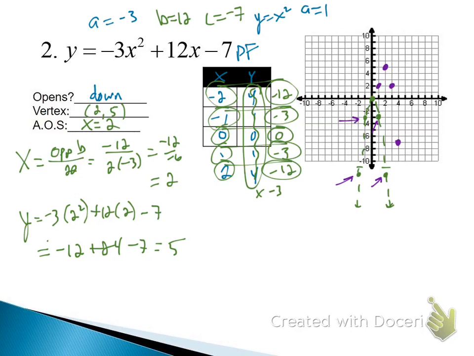And this guy is going to go right 1, 2, up 1, 2, 3, 4, 5, and end up right here. And then we can draw our parabola. Okay? And now the adjusted parent function has been shifted. Hopefully that makes sense. Let's try another one.